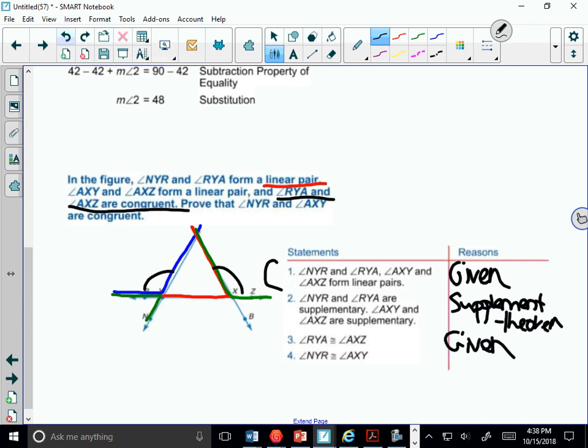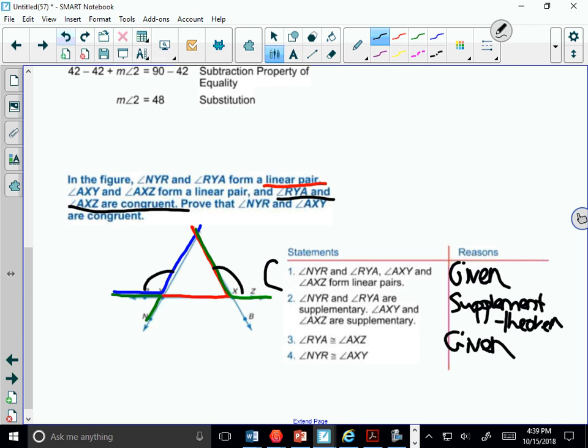And then the last thing they have there is angle NYR and AXY are congruent to each other. That is also part of our theorems that we have. The congruent supplements theorem basically says if I've got angles that are supplements to the same angle or to congruent angles, then they are also congruent.